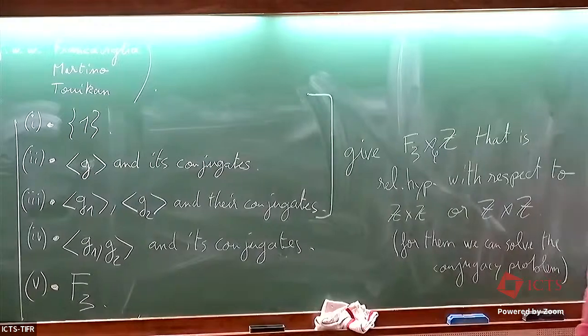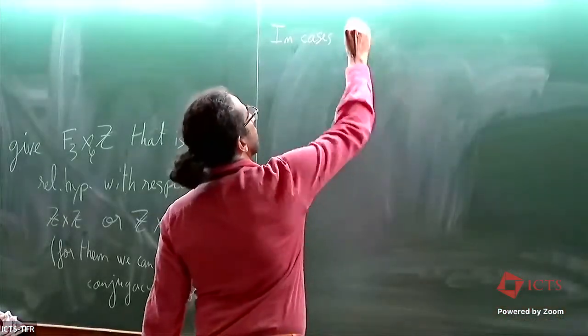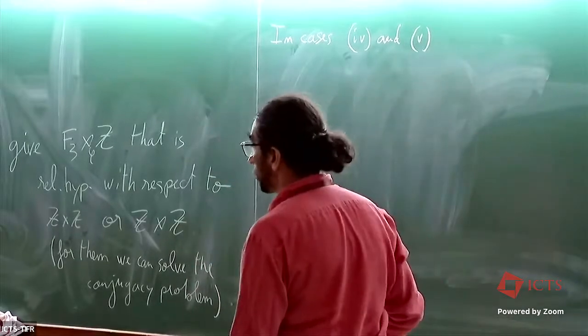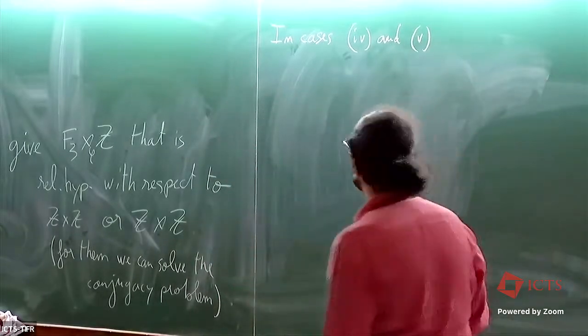In cases 4 and 5, what can be the growth in the polynomially growing subgroups?